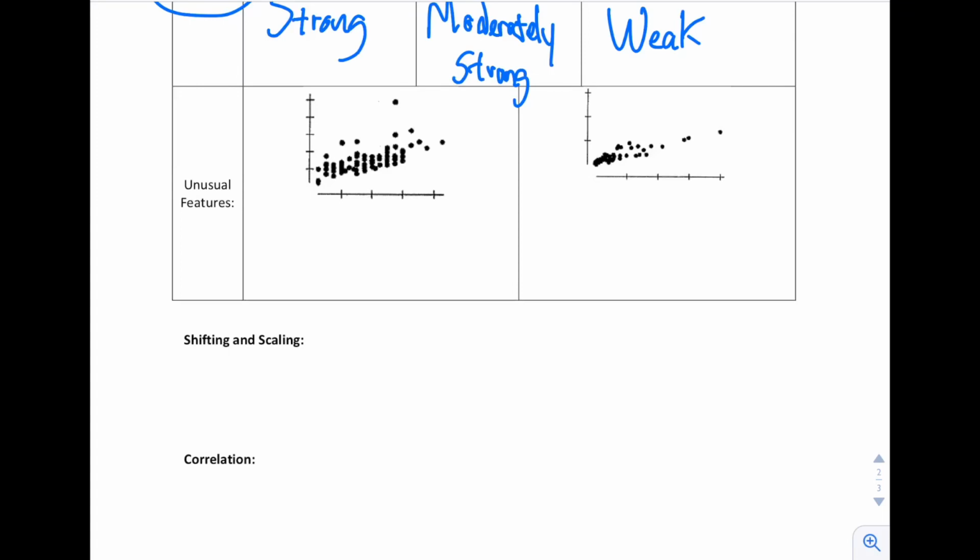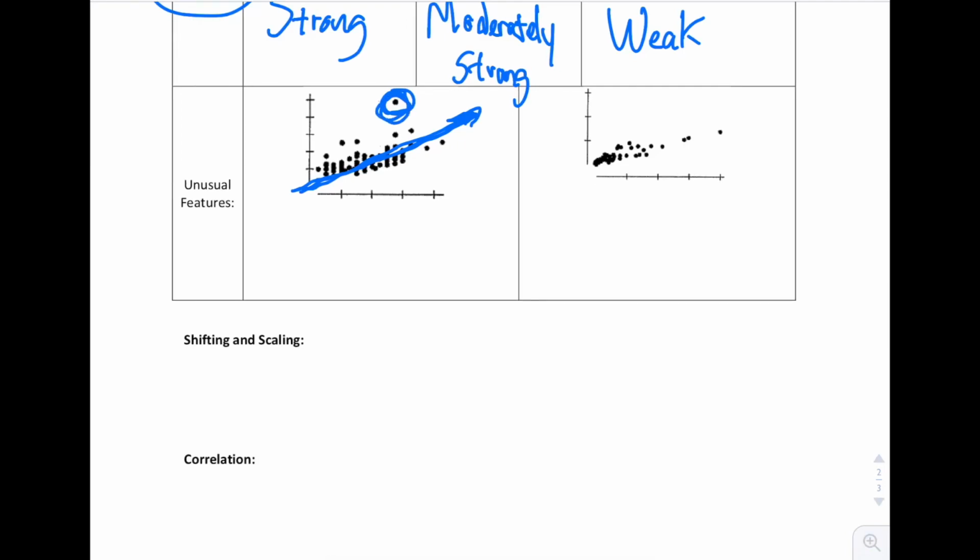If there's one thing that sticks out, I'm going to circle it right here. If I drew a line of best fit, here's the line. We can see it has a positive association. It's going up. I would say this is moderately strong, and it does have a linear relationship, right? And we can see that the line of best fit is a straight line.